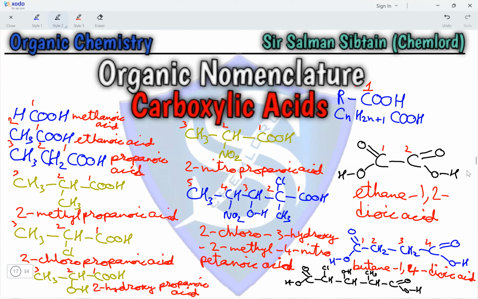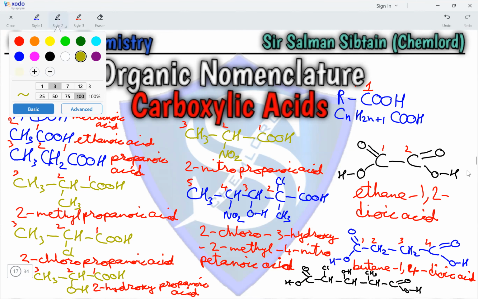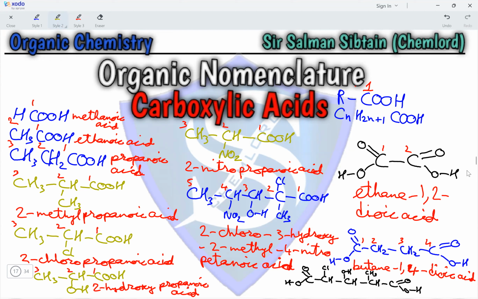Now, as for the numbering, here the numbering would be fixed based on the alphabetical preference of the substituent group. So we have a chloro, a hydroxy, and a methyl. If we number it from left to right, chloro gets the least number. If we number it from right to left, methyl gets the least number. So the least number would be given to the chloro group. So the numbering would be done from left to right, 1, 2, 3, 4, and 5.